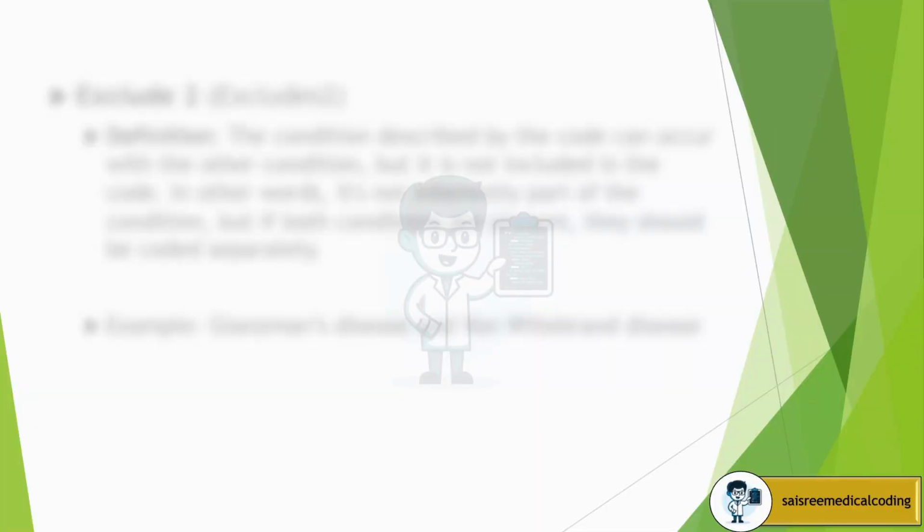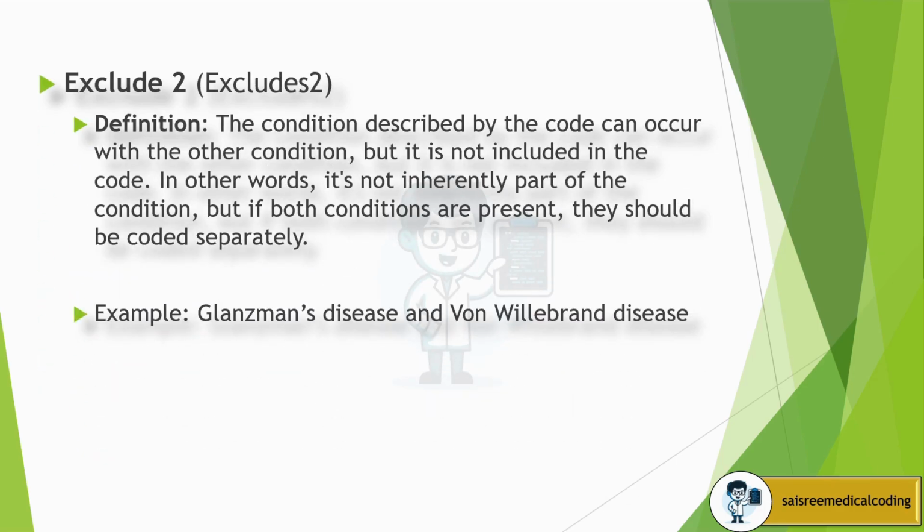Now we'll see what is meant by exclude 2 convention. The condition described by the code can occur with the other condition, but it is not included in the code. In other words, it is not inherently part of the condition, but if both conditions are present, they should be coded separately.